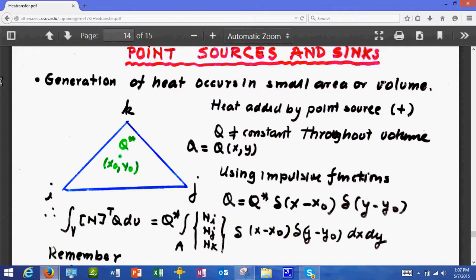Okay, when you have a point source or a point sink, you have to account for this. And this is what this is showing you how to do.